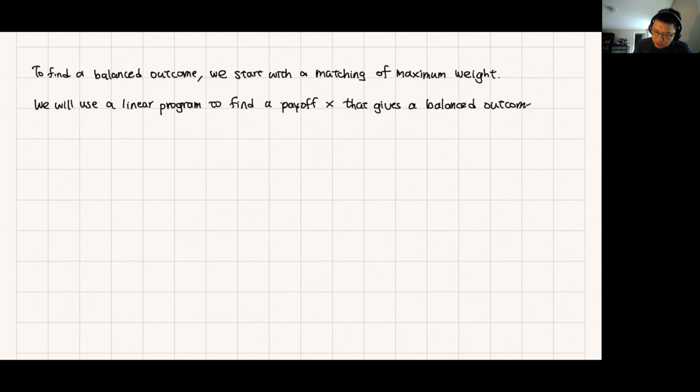So we'll use a linear program to find a payoff x that gives a balanced outcome. I will do an example, and then we'll show you the linear program, and then maybe we'll get the solver online to solve it, and maybe that will work.